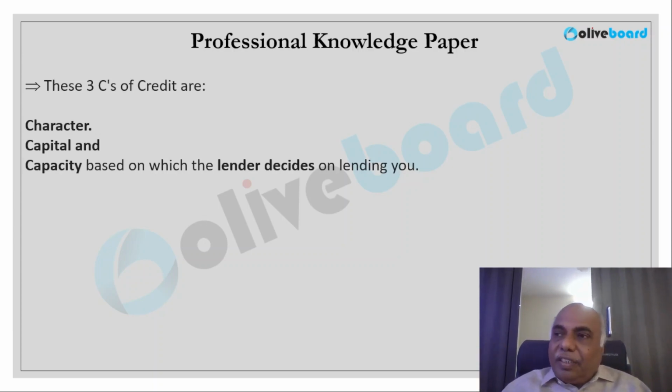Because once the asset is created, the total asset is in the bank's charge, either by hypothecation or mortgage. Once the charge is created in favor of the bank, with the borrower's stake of 40% on the asset and the bank loan of 60%, sufficient margin is there.